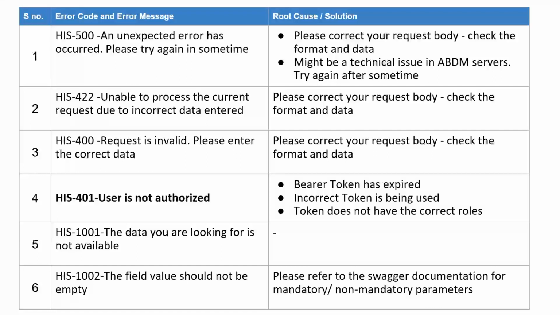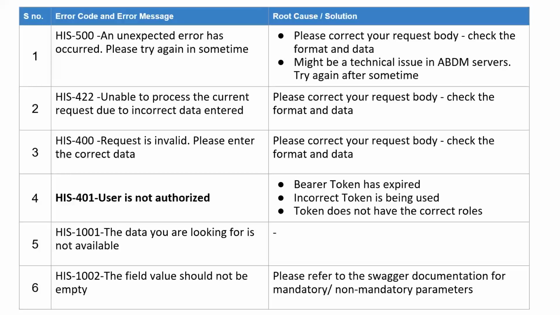I will give you an example. We have two tokens: a gateway token, and a user token, or X token as we call it. Sometimes people start using the gateway token as the X token. In that case they are using an incorrect token and might receive the same error, user is not authorized. A third case is when the token does not have the correct roles.